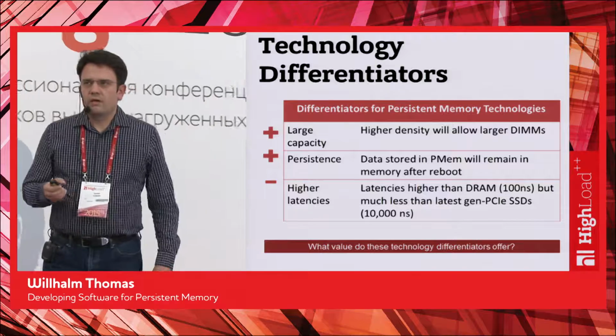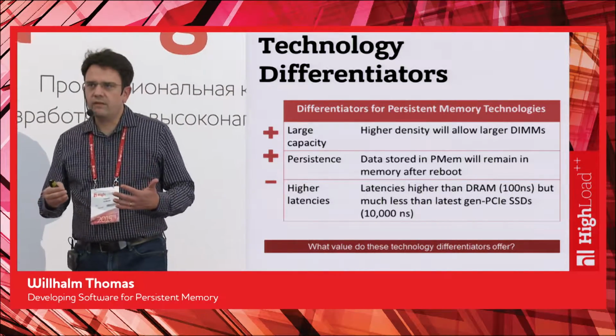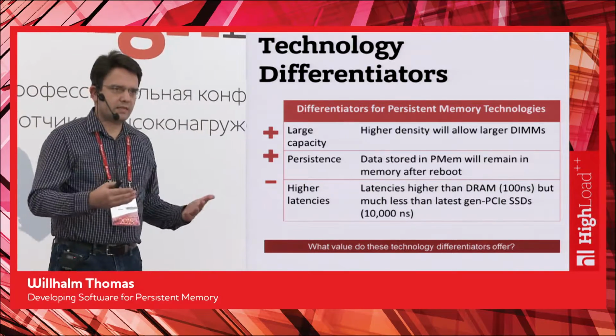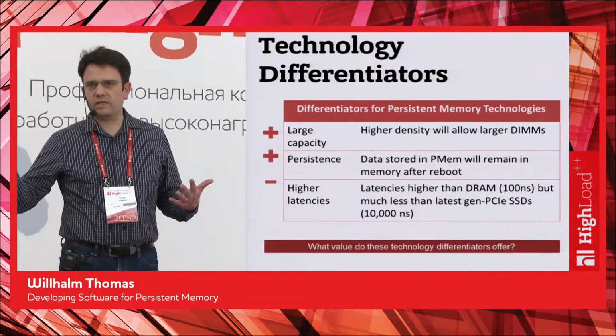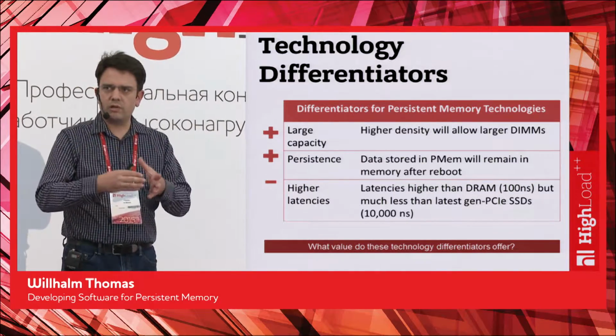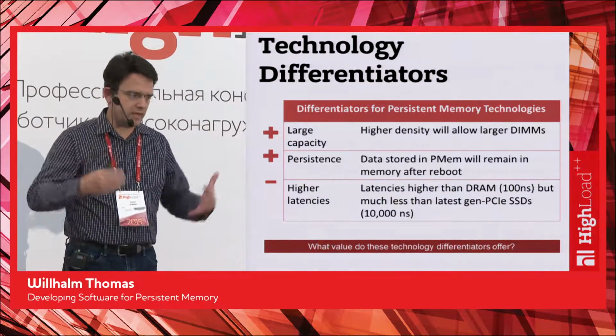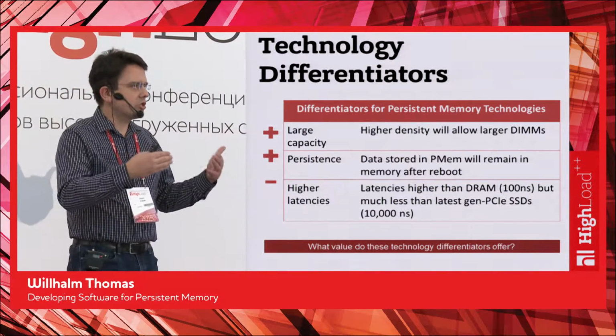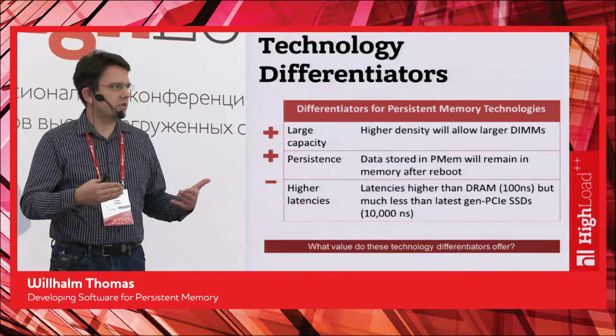So, just from the technology itself, the advantages that you have are larger capacity. Please remember that I told you that it scales better in density, so when we can make the structure smaller, we can put more memory on the same device. So, for example, it will allow you to create larger DIMMs than what you have today.